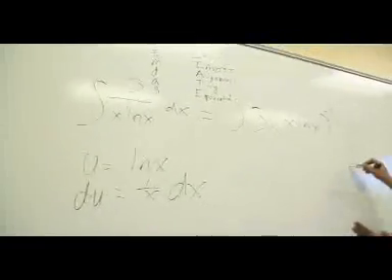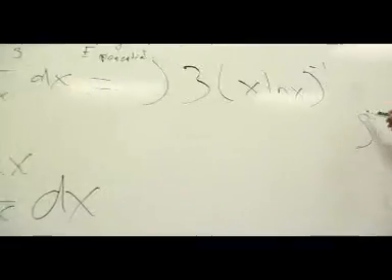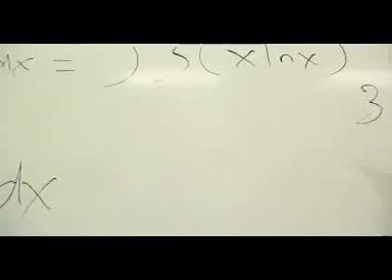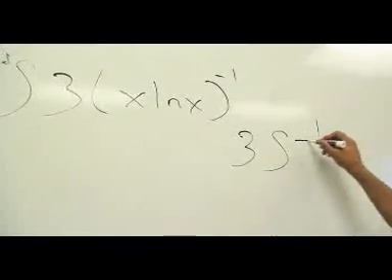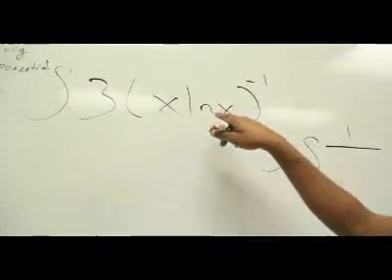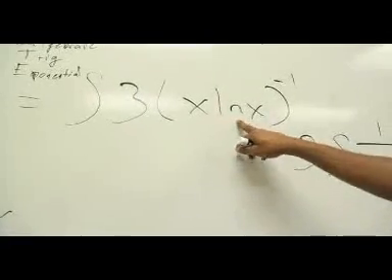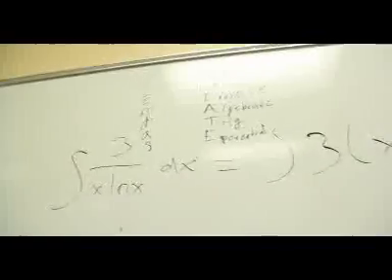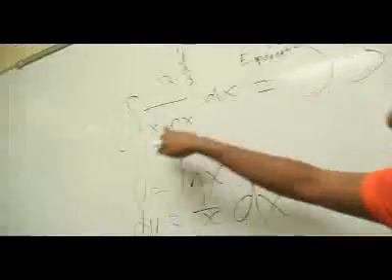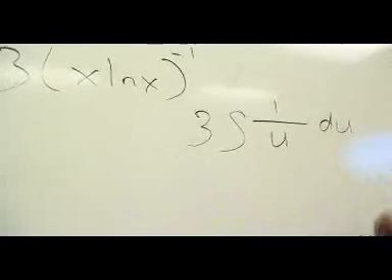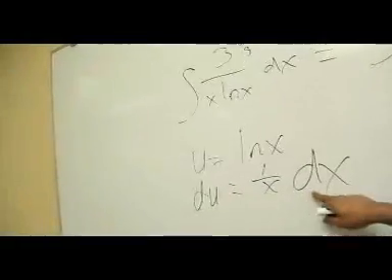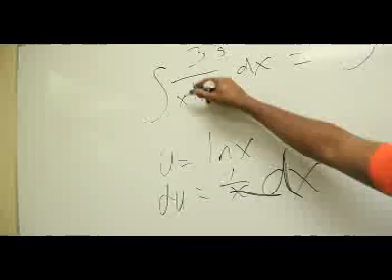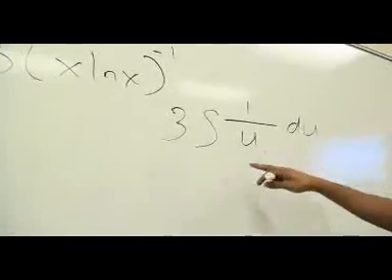That will make the integral of 3, taking our constant out, as we always should, leaving 1 over u, and we have an x dx right here, so that's our du. See, we have an x and dx, so they cross out. So we have the integral of 3 times 1 over u du.